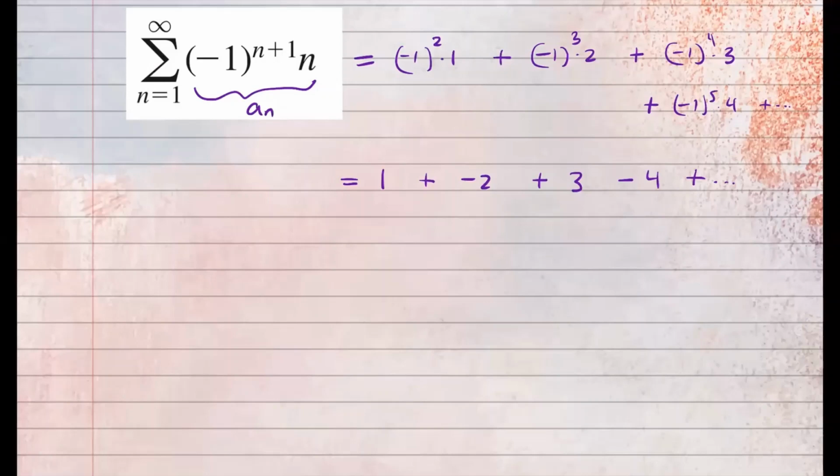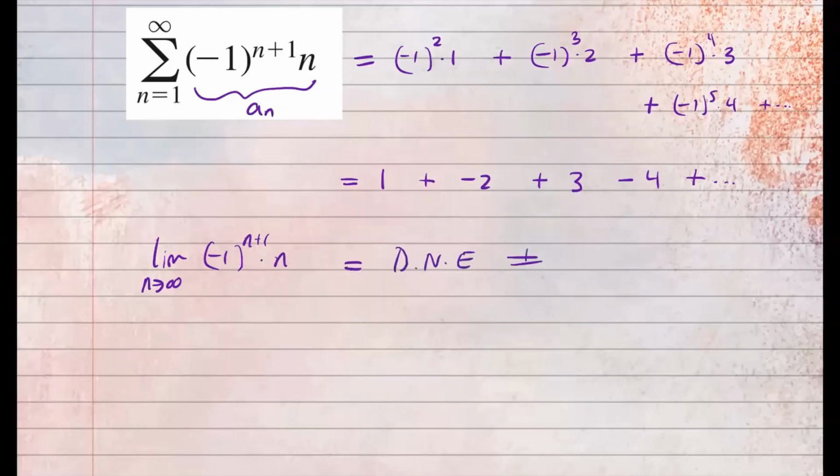So if you're adding them up, we take the limit as n gets larger of our a_n, which is negative 1 to the n plus 1 times n. This limit does not exist.